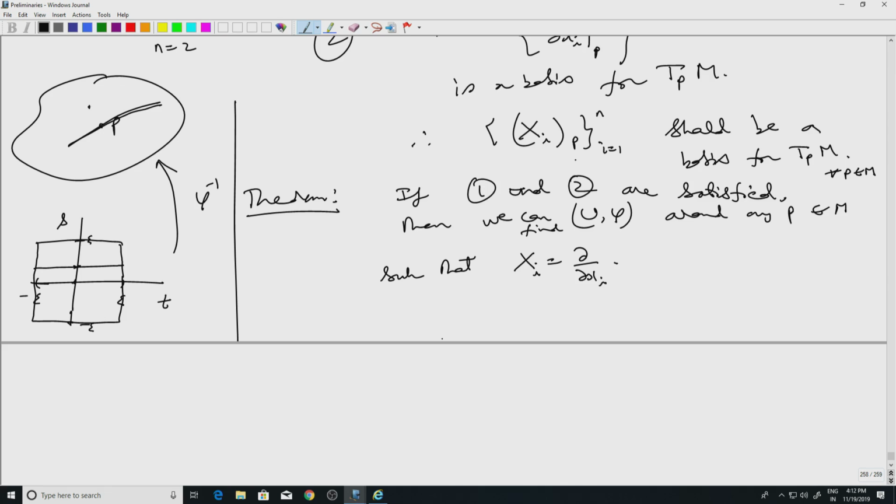But where should this point go? I want to send this somewhere. The natural thing to do is just map this y-axis to the integral curve of the second vector field x2, like this.